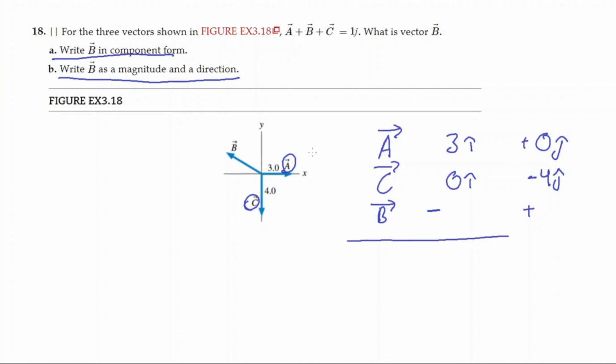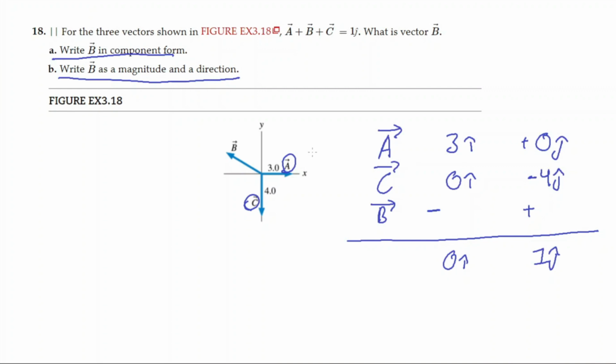And now we want all of this, when we add it together, to equal 1 y component and 0 for the x component. So we just want to fill these in, basically addition, filling in what numbers could make these equal 0 and 1.